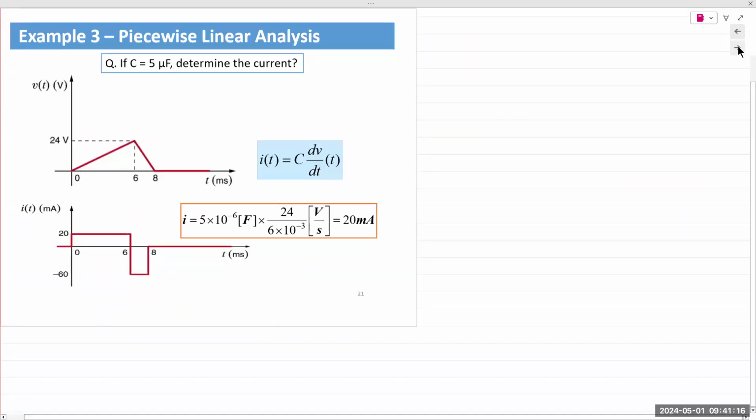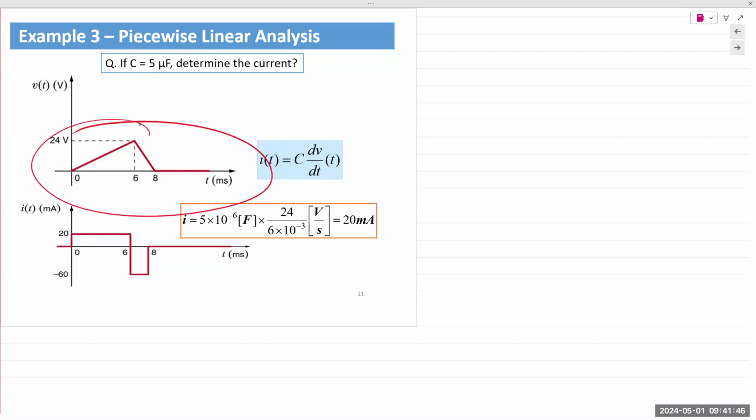All right, how many of you have heard of this technique, piecewise linear analysis, in your own engineering fields? Perhaps, maybe not. It's a technique where you're analyzing a system over a long period of time. You wish to describe that system mathematically, but there is no way to do so. So you break it up into individual pieces, and then you can describe each piece by itself. So let's say we have a voltage like this that is being applied to a capacitor.